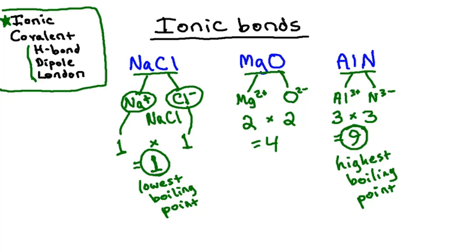So it's going to take a lot less heat in order to cause it to boil. And so that's how you compare different molecules created from ionic bonds, and their boiling points. And you can rank which ionic molecule has the highest and lowest boiling point.